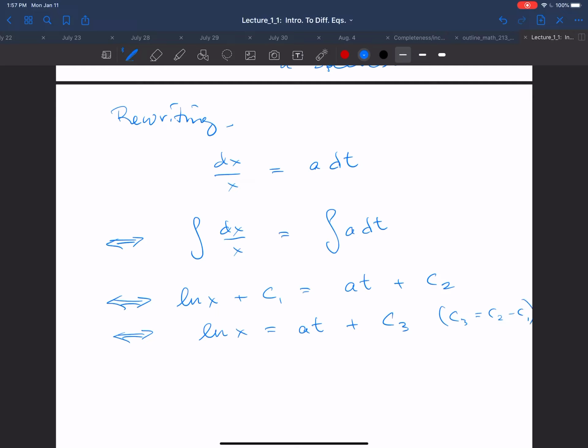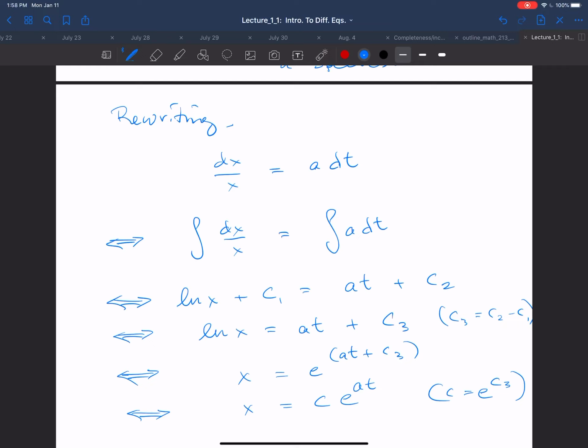And now to make things more explicit, we can just use exponentiation. So this means e to the ln x, or x, is equal to e to the power at plus c3, or in other words, x is equal to some constant c e to the at, where c is just e raised to the power of our earlier constant c3.